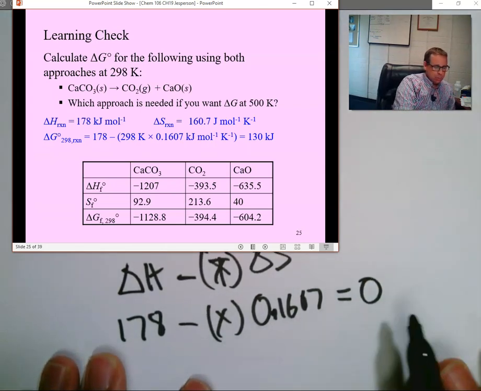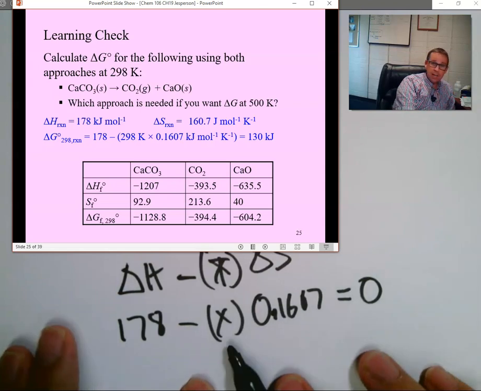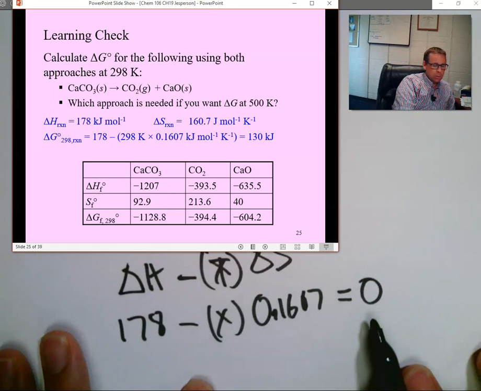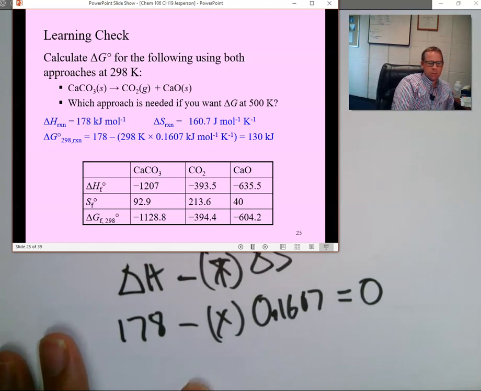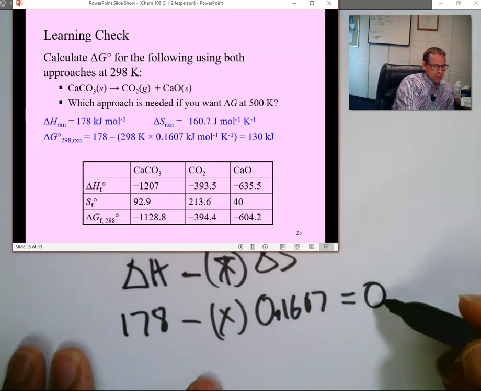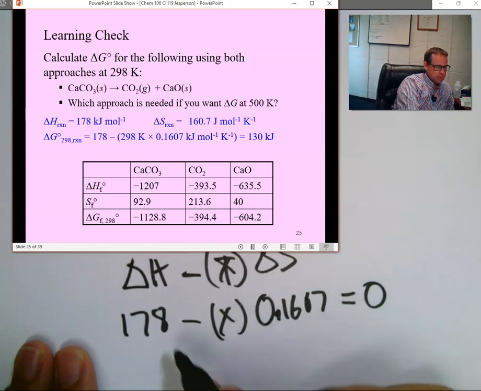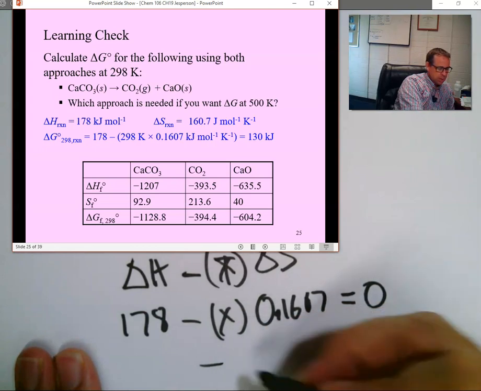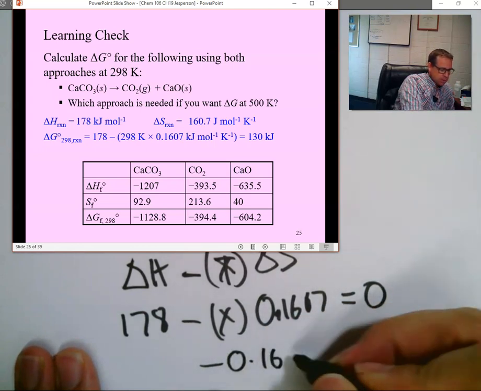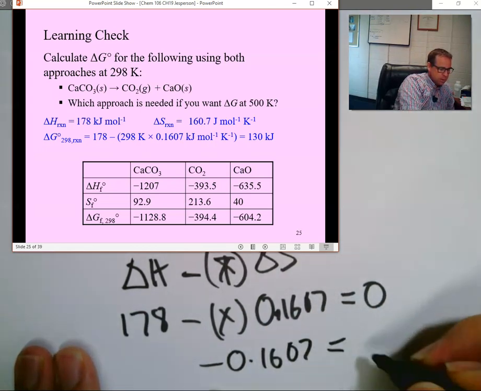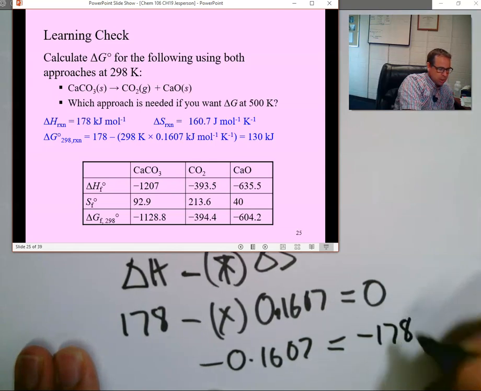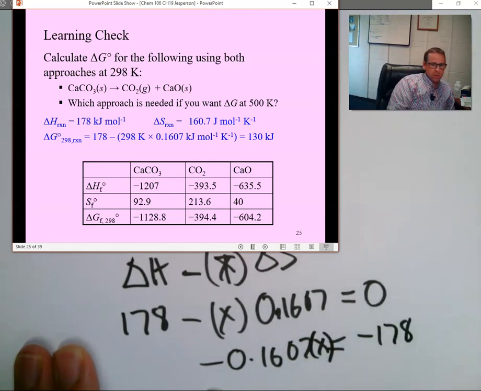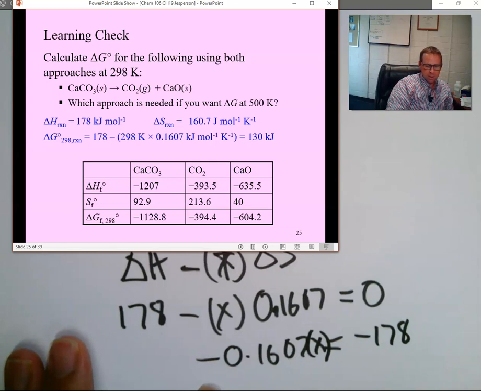That temperature will bring it to equilibrium, and then anything slightly higher than that temperature, whatever we solve for here, would make the reaction spontaneous. Okay, so we can solve for this by bringing over our 178, so negative 0.1607 times X equaling negative 178.